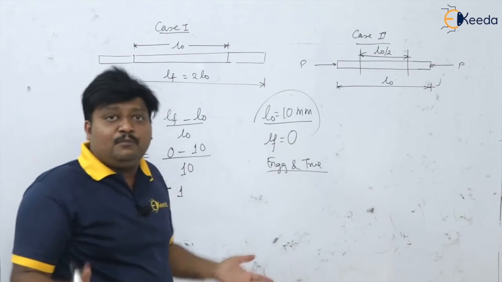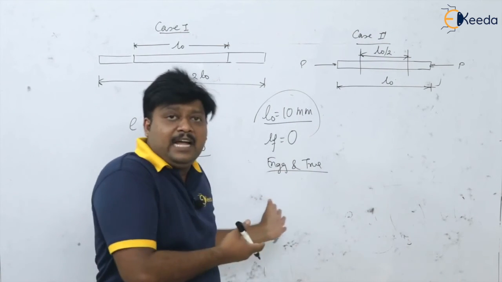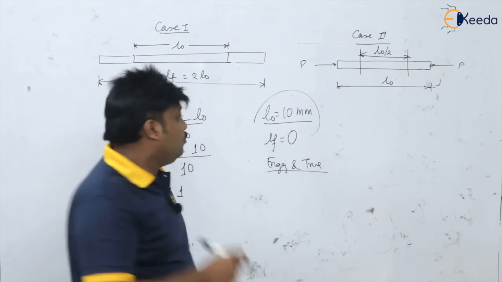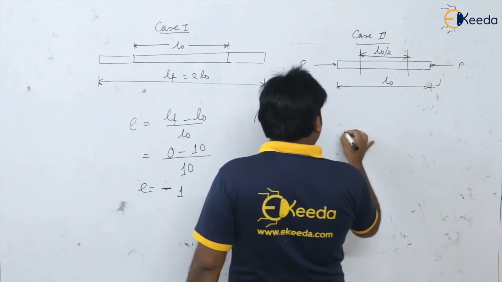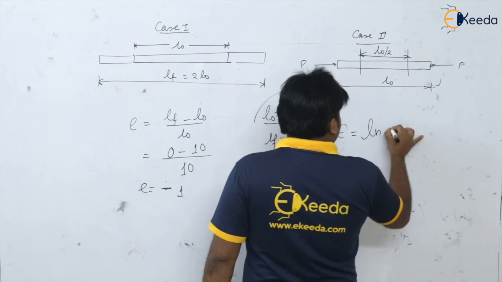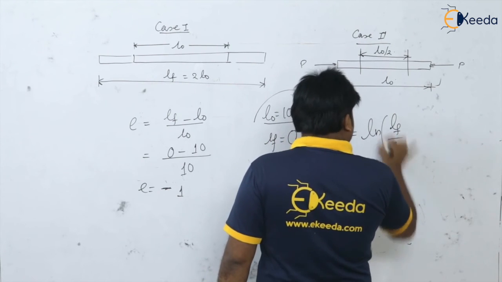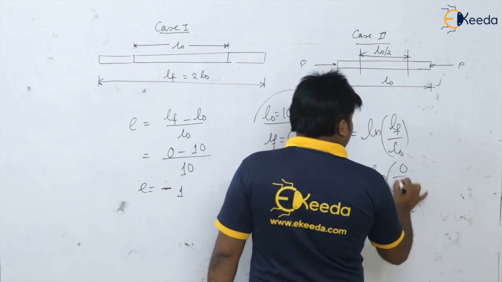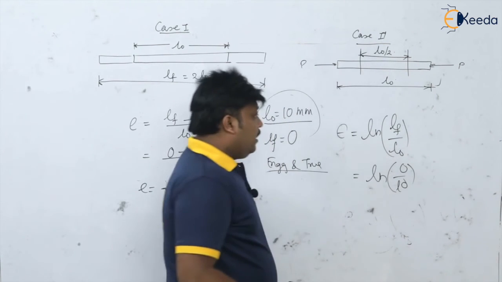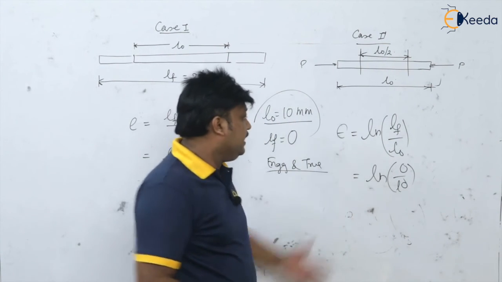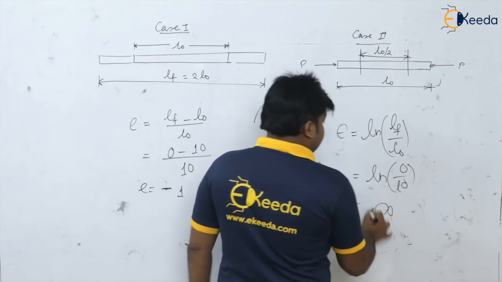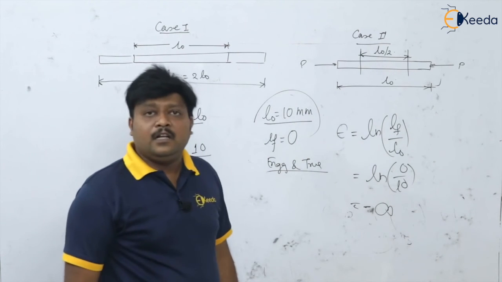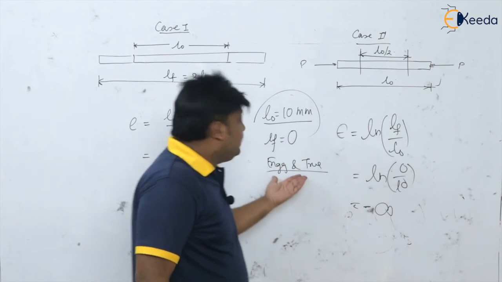But in actual, physically, of course, a huge amount of strain should be there. Let us see how much it is. True strain is equal to ln of L final divided by L original. Final height was 0 divided by 10. And of course, ln of 0 is infinite, and negative because compressive. So infinite strain should be there in the material.